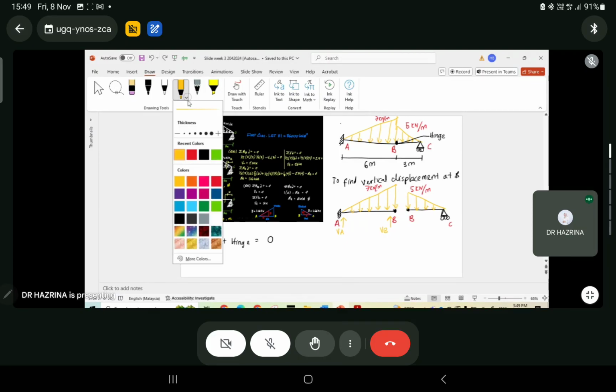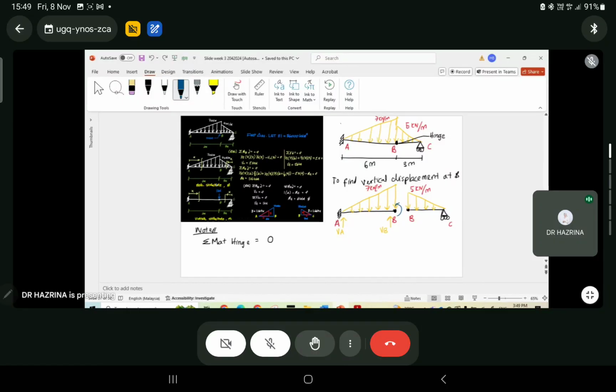So we change color. Let's say we have color blue. So at B you will have vertical, and then here you will have moment. Alright, so moment at B, and then at B here, this moment must be in the opposite direction of MB. So it means the total moment, this one plus this moment, will become zero. The same goes for vertical forces.